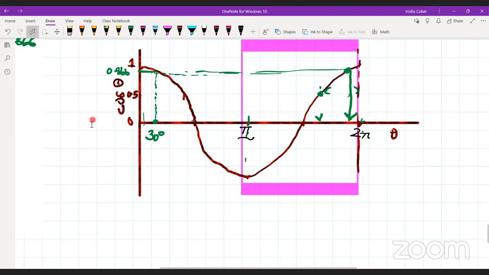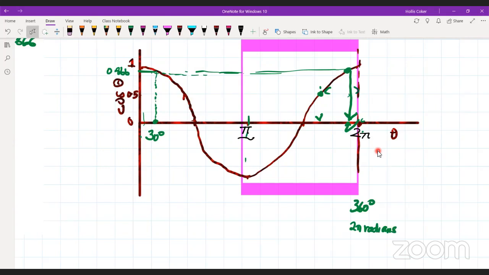So going backward here must be 30 degrees as well. This whole thing was 360 degrees, or 2 pi radians.